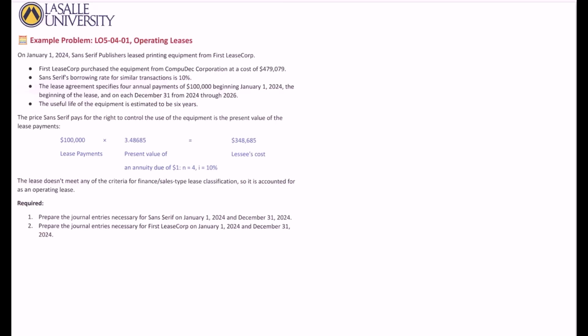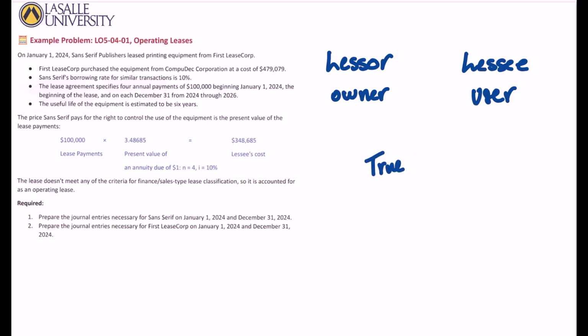So lessor is the owner of the asset, and then we have the lessee, who is the user or borrower of the asset. Now, it's a true rental agreement where you might have an asset that has a useful life of 10 years, and the lessee is using it for 2 of those years.